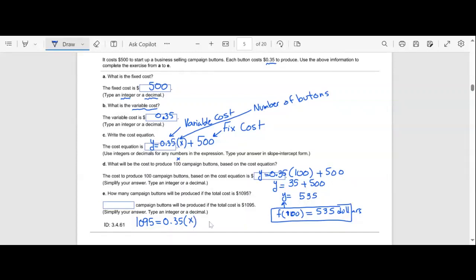That's what he's asking for, plus the fixed cost. So I'm going to move the 500 to the other side, so it's subtraction. When you subtract 500 from 1,095, that gives you 595 equal 0.35x.